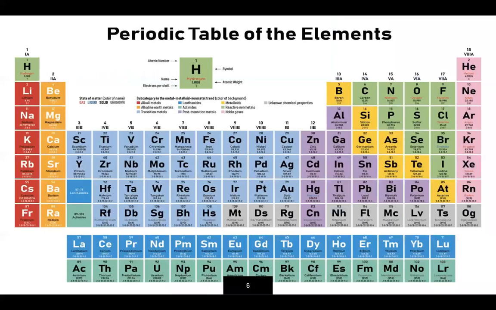So this is the periodic table of elements. You've probably seen some very common elements before, such as hydrogen. You've probably heard of oxygen, carbon, copper, nickel, things like that.